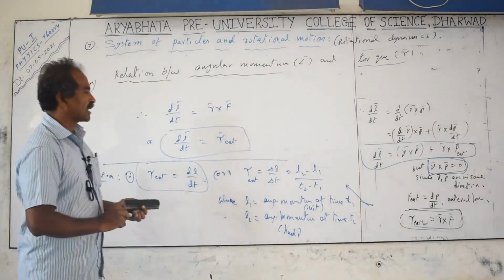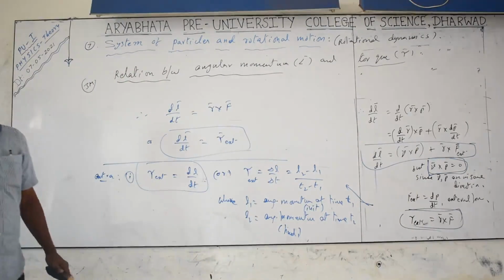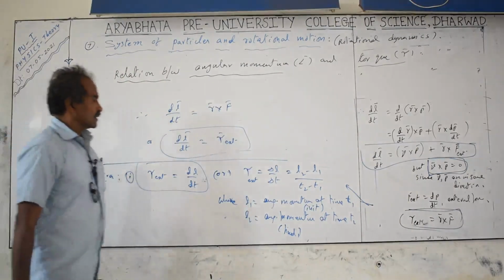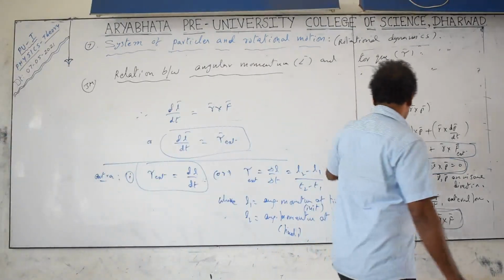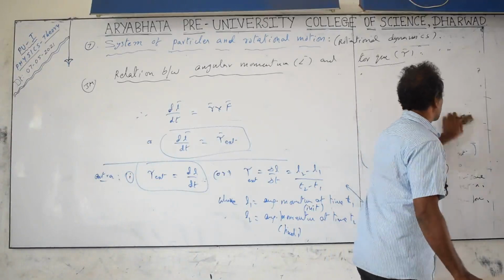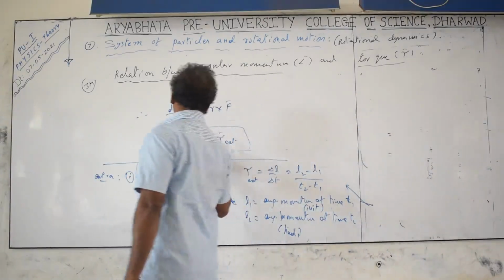L1 is the initial one at time t1, and L2 is the final one at time t2. This relationship is required for problem purposes, but if they ask for the derivation, up to this you have to do: external torque is equal to dL by dt.